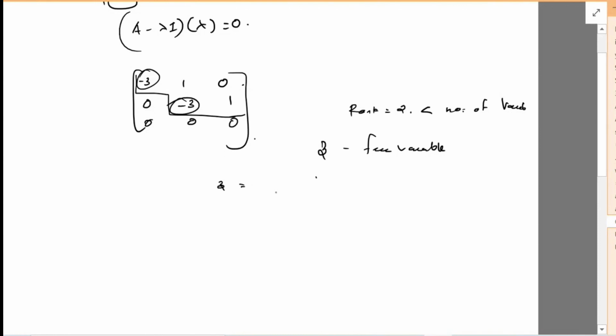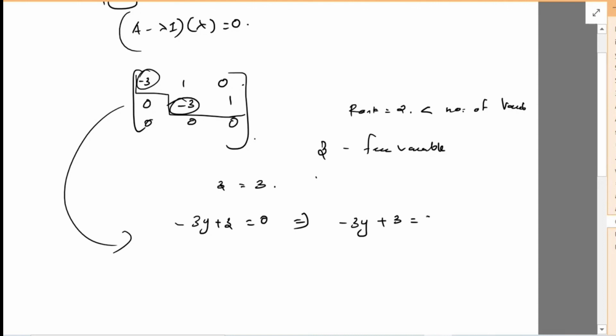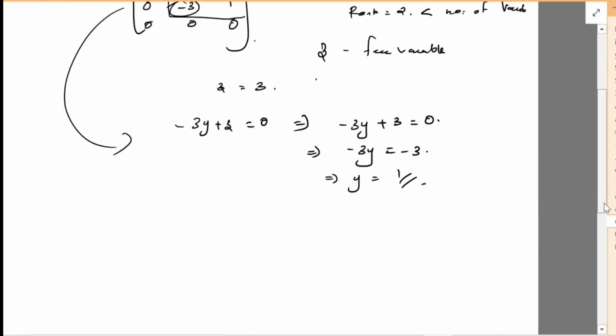So avoid the fraction. From R2, the equation will be minus 3y plus z equal to 0. That implies minus 3y plus 3 equal to 0, which means minus 3y equal to minus 3. So y equal to 1.